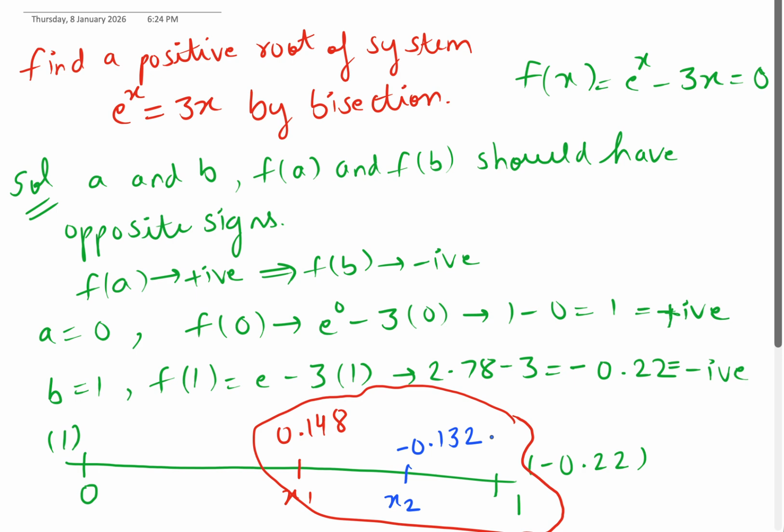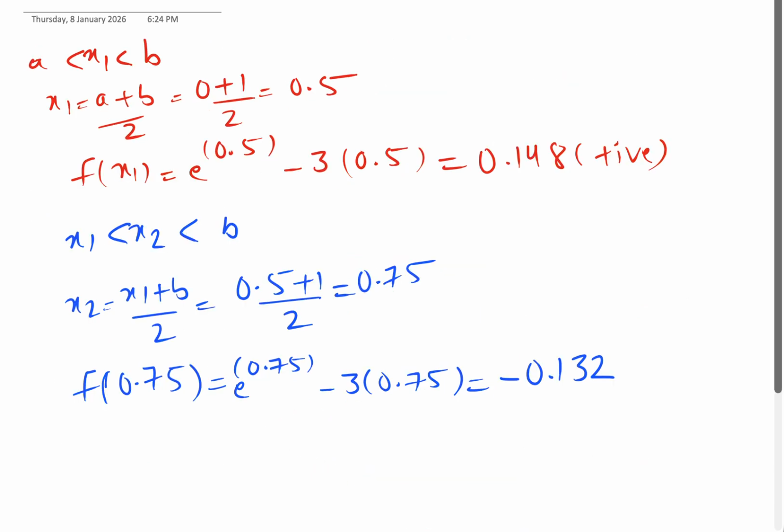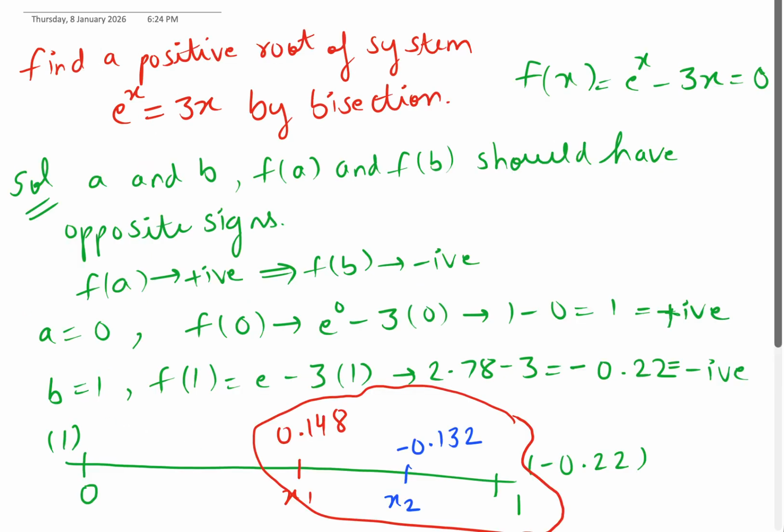Okay, so now where will be 0? Now the 0 will be between these two, x1 and x2. Somewhere here I'll be finding the 0. So let's calculate the third approximation, x3. It will be between x1 and x2.